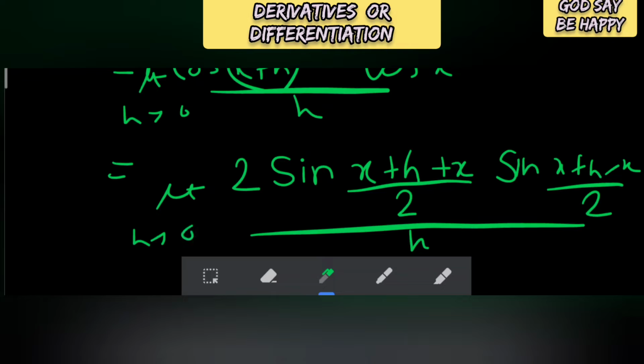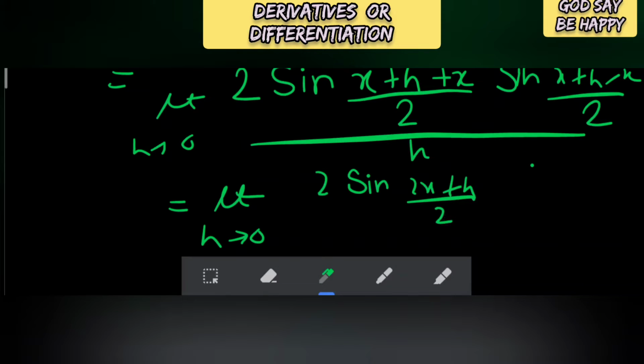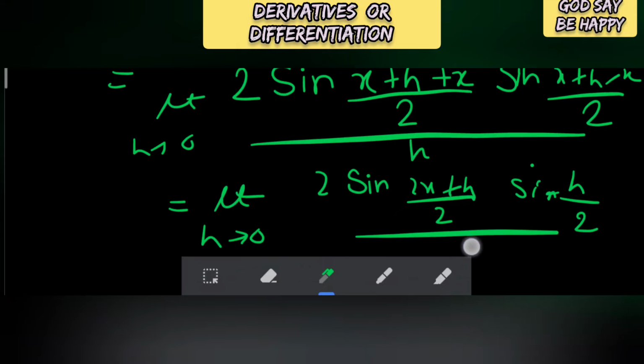Always remember to write limit. So now this x will be cancelled from here, and we will be left with limit h tending to 0, and 2 sin((2x + h)/2) sin(h/2) upon h.